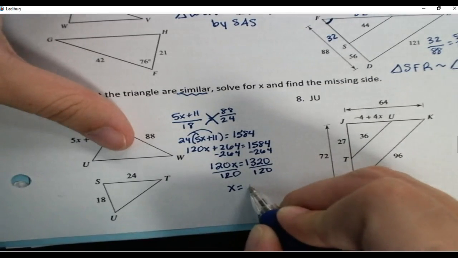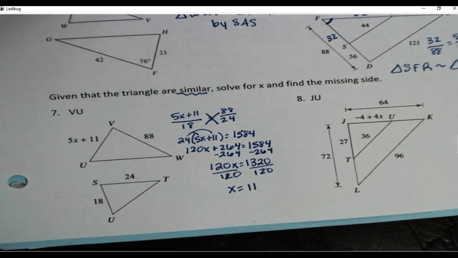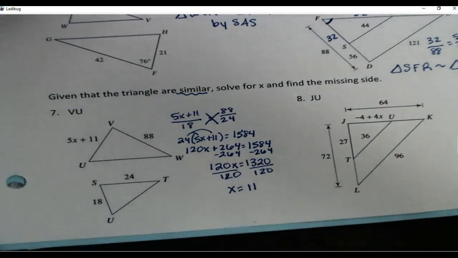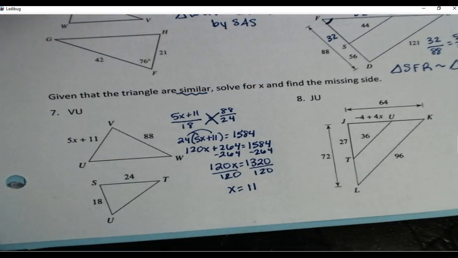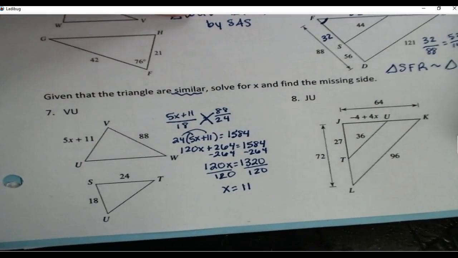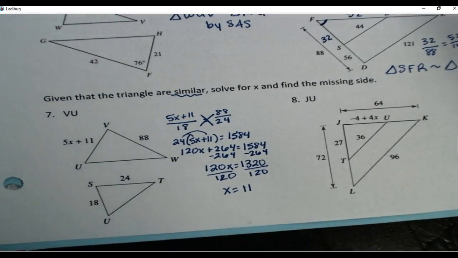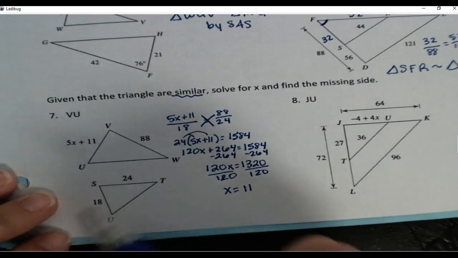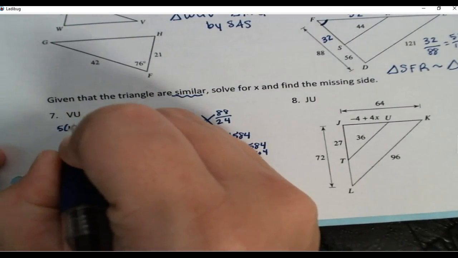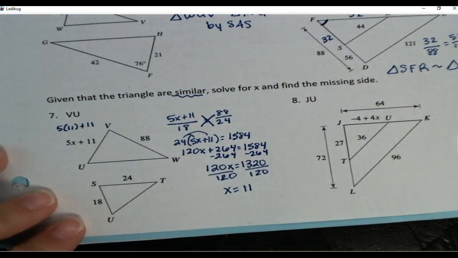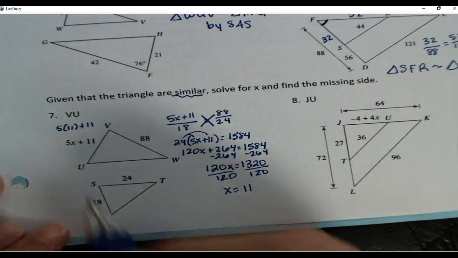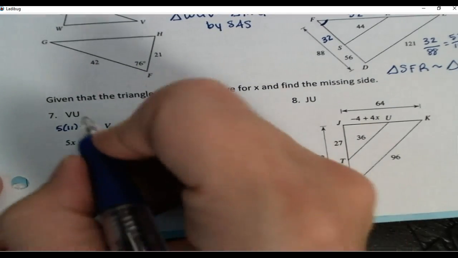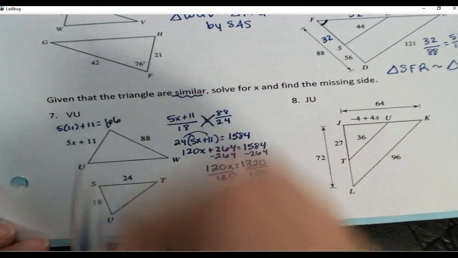So we get x equals 11. Questions? Okay. And then if we wanted to find VU, we could just take that 11 and plug it back in here. So 5 times 11 plus 11, so 55 plus 11 is 66.